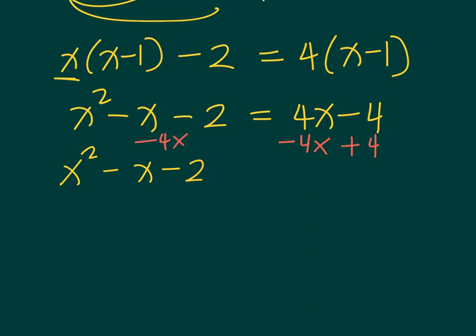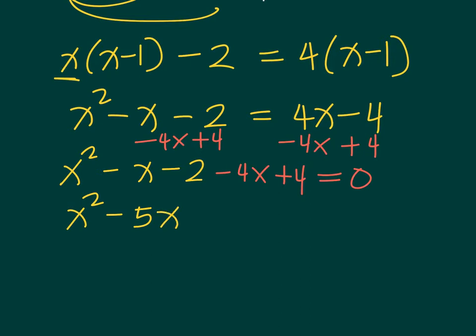Okay, so minus 4x plus 4. So this is minus 4x plus 4. The other side now is equal to 0. So again, just continue, simplify it. Minus x minus 4x becomes minus 5x minus 2, and plus 4 will become plus 2 equal to 0.